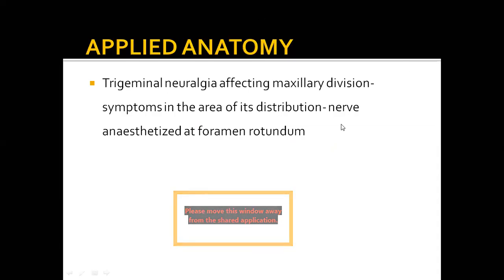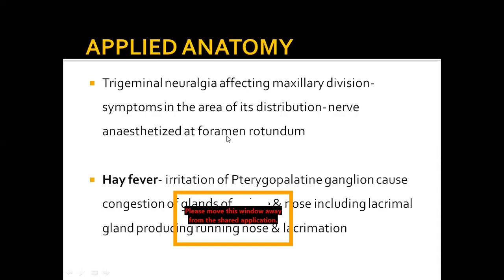You've already seen in the maxillary division, if there is trigeminal neuralgia which affects the maxillary division, then symptoms will be seen in the area of distribution of the pterygopalatine ganglion too, because there is a communication between the maxillary nerve and the pterygopalatine ganglion. To relieve the pain, you should anesthetize this nerve at the foramen rotundum.